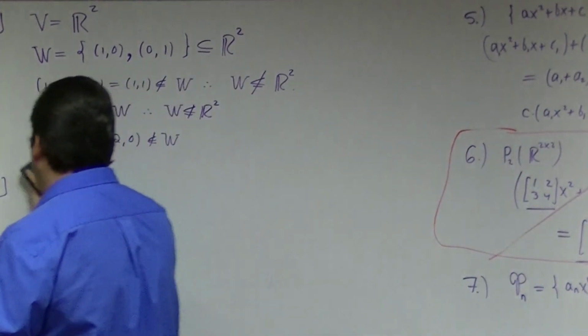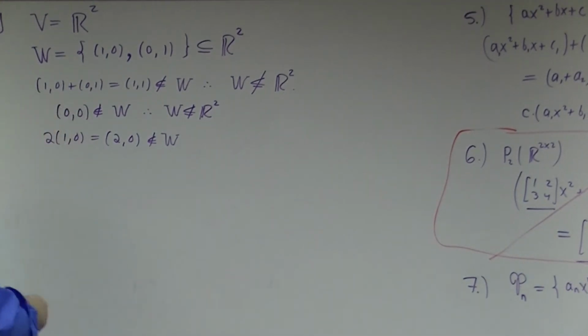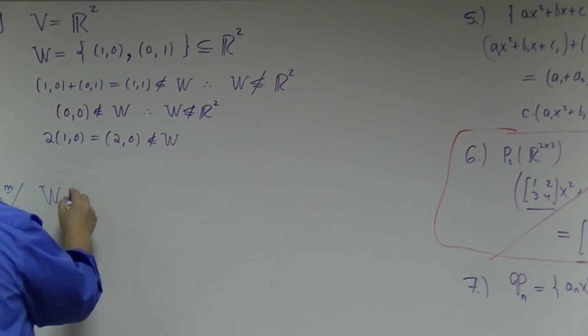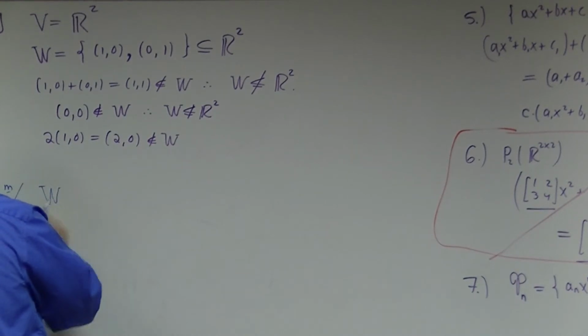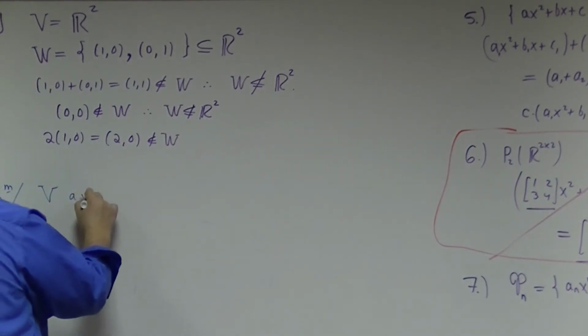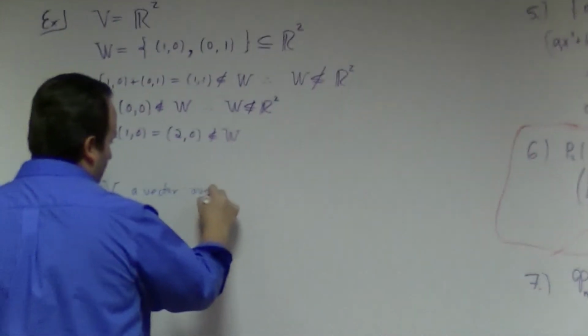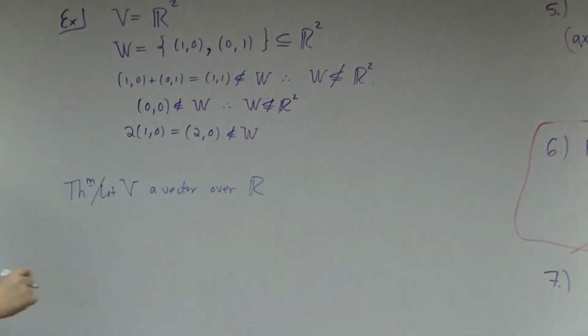I'm a little bit short on time, so I'm going to state a theorem for you today, and I'm going to prove it next time. But I want to state it and use it. Here's the theorem. Again, I want to assume V is a vector space over the reals. I'm sorry, I forgot to put that language in at the very start.